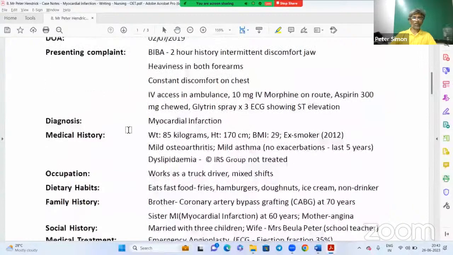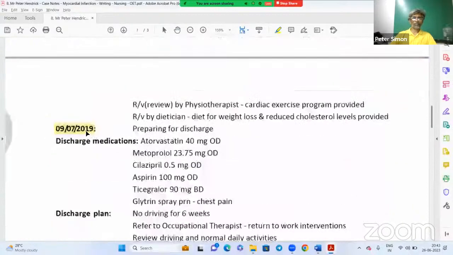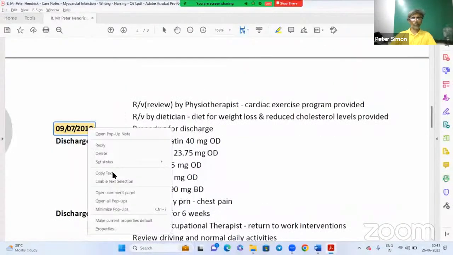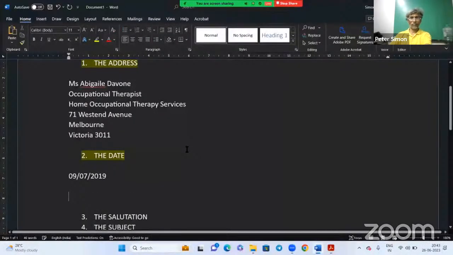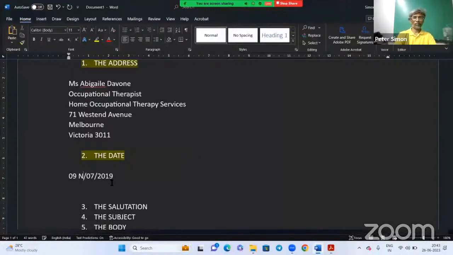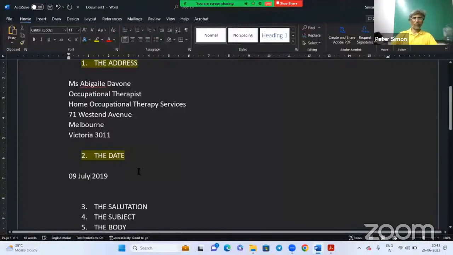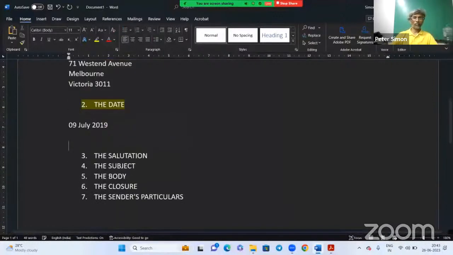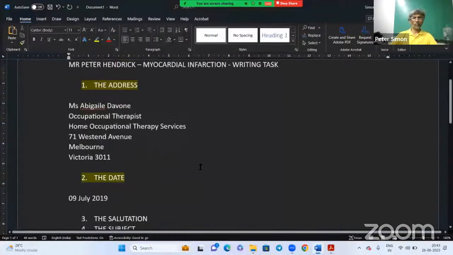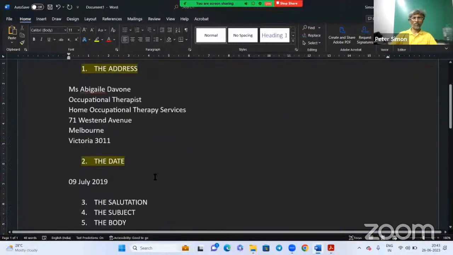So date of discharge, preparing for discharge here. So 9, write the month, July 2019. 9 July 2019. So address is done, date is done.